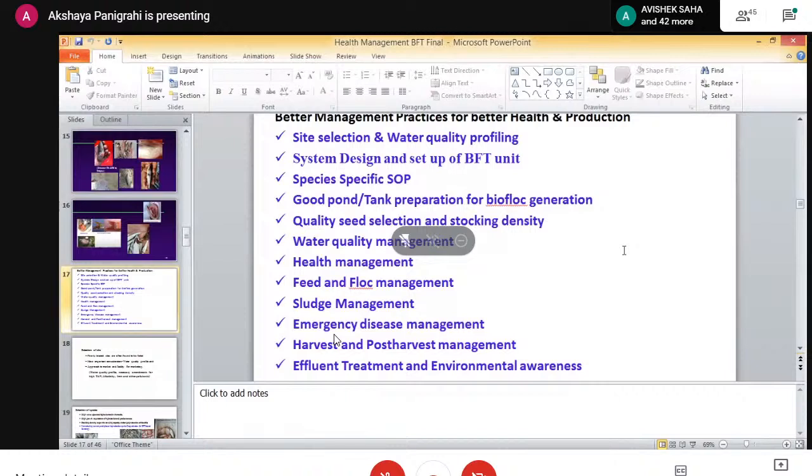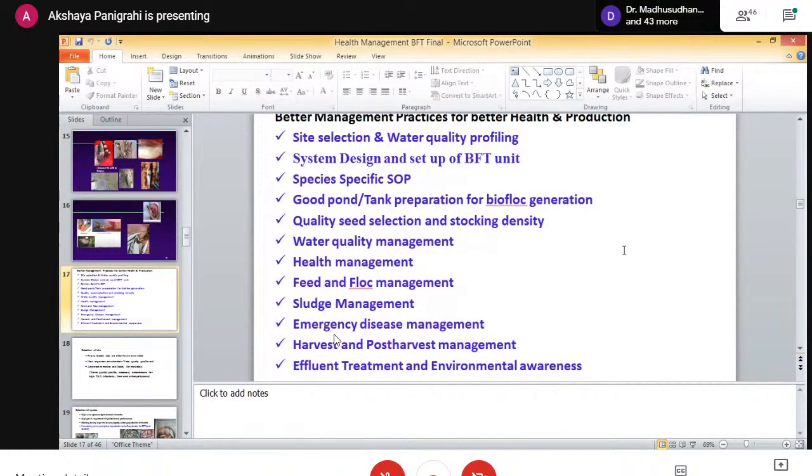Then the biofloc generation, that is a very important aspect which should be given more emphasis. And quality seed, then water management and health management, feed and floc management, sludge management, then disease. Invariably, in spite of doing all this, you could end up getting some diseases. At that time, how to address those diseases, how to take out the fish and treat if it is absolutely required, or how you can do it in the biofloc volume.